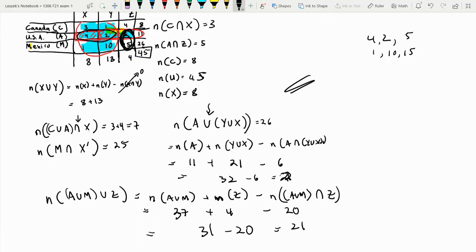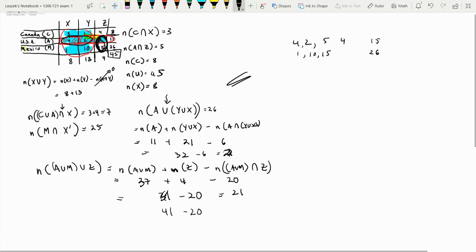Oh, 37, not 27. Gotcha. I accidentally erased a number, so this should be 24. Sorry about that. So we have 50, 11, so 61 minus 20 is 41 indeed. So 41 is correct. Very good job.